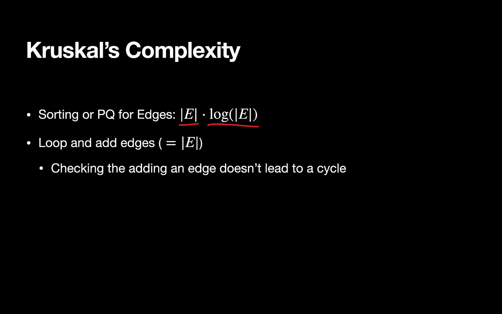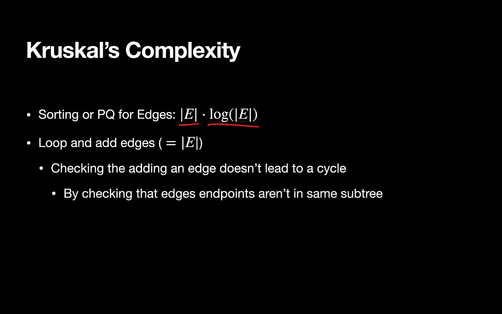As we're going through that loop, if you remember, we have to check that adding a particular edge does not lead to a cycle. That's a topic that we haven't actually talked about so far, but there is a way to approach it that's not too bad. You can check that the two endpoints of the edge that you're trying to add aren't already in the same subtree. That can be done with an operation referred to as a union find, and it has a known time complexity.